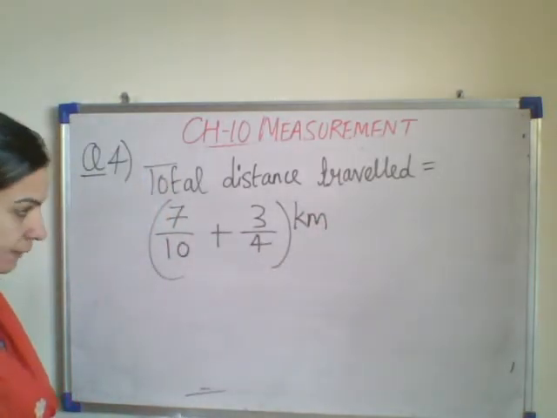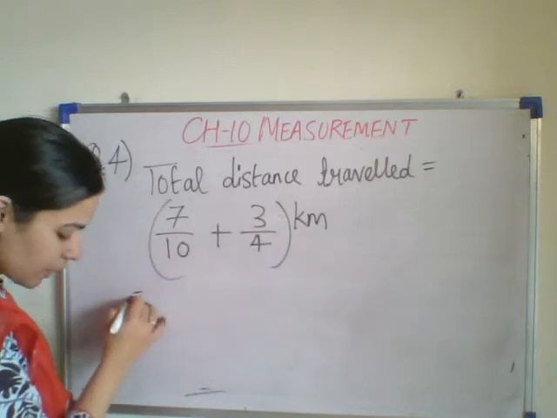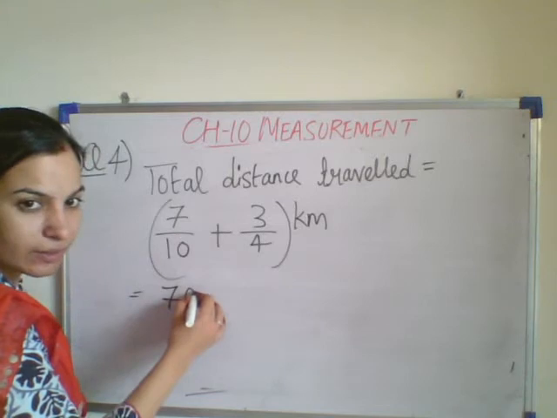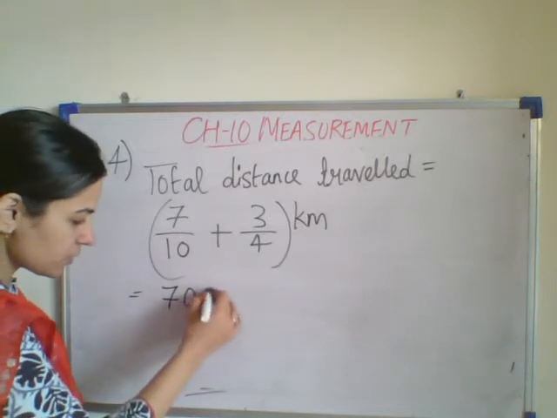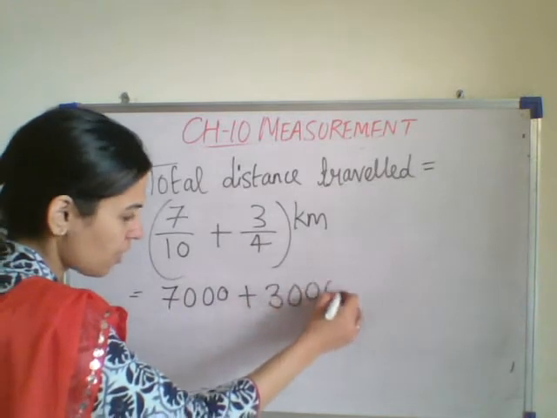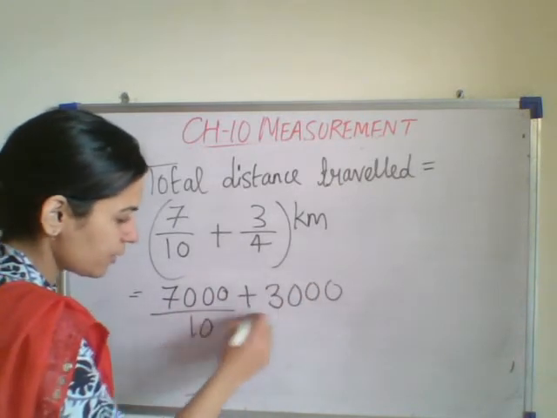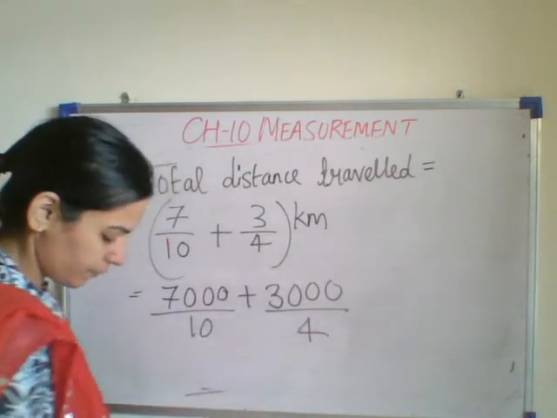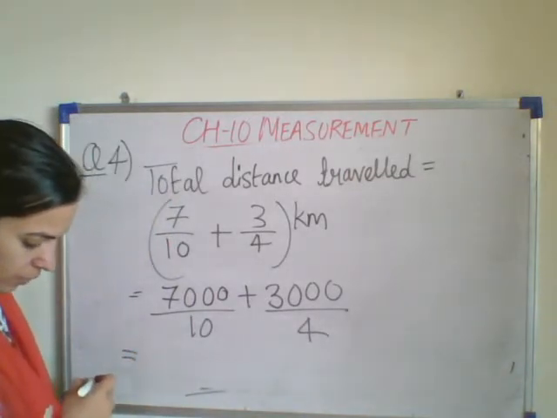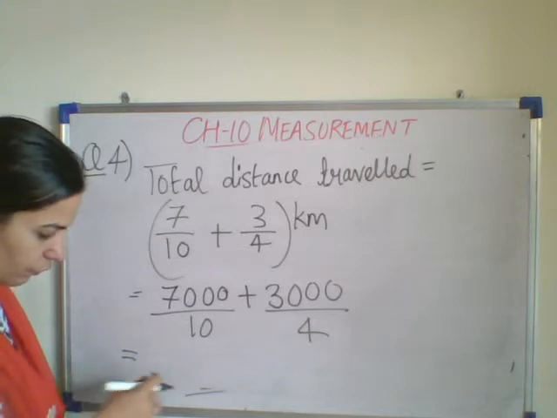Now before adding this, it is given in kilometer. Let us convert this kilometer into meter. So it would be 7,000 upon 10 plus 3,000 upon 4. So if we add these two, what will we be getting?